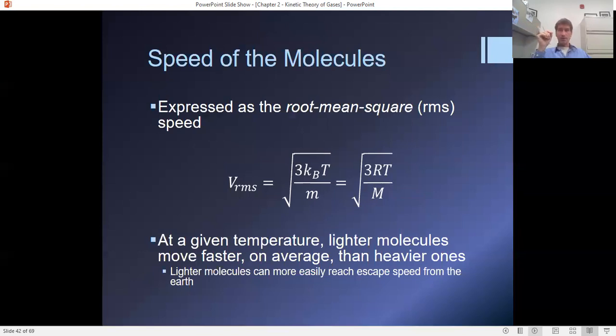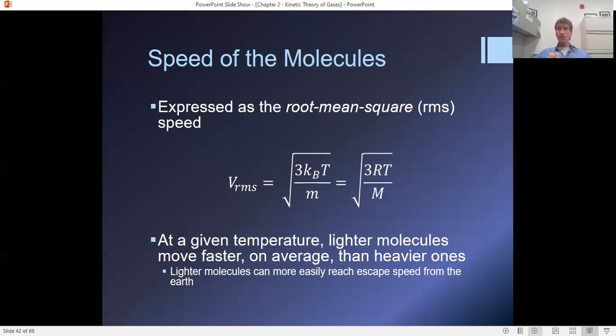It actually represents the square root of the average squared speed. If the distribution of molecules was completely symmetrical, meaning there were just as many molecules moving faster than the most probable speed as moving slower, then the mean and the root mean squared would be the same. But we'll see later on that there's a distribution there.